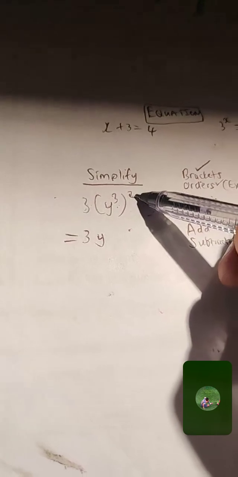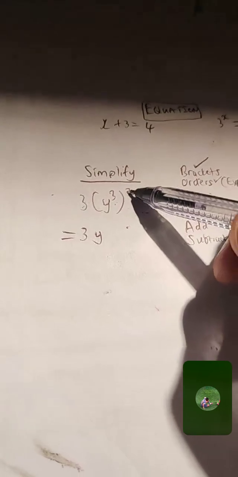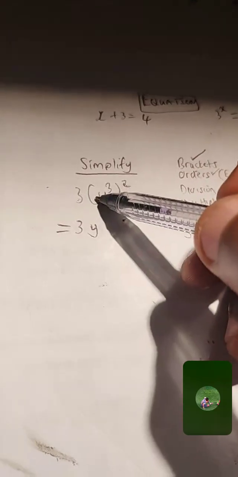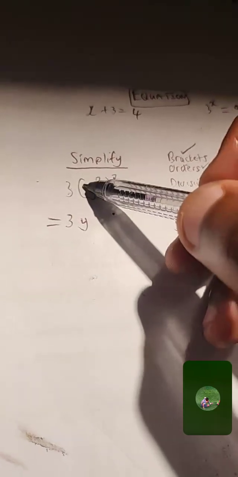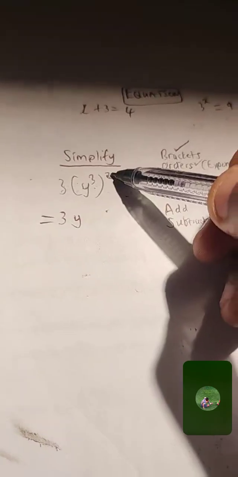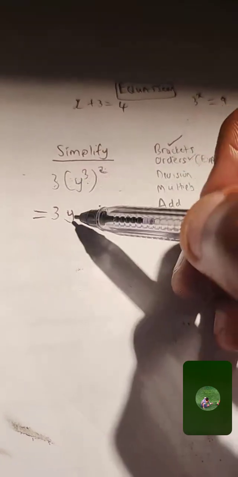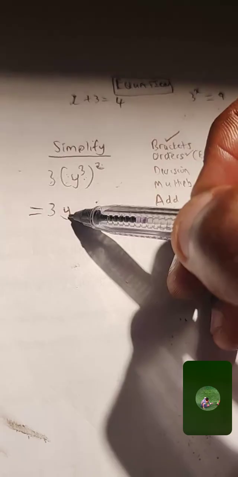Let us do that. We take this exponent 2 and apply it to the sign inside this bracket, which is positive. The exponent 2 applied to the positive sign still keeps the y positive.